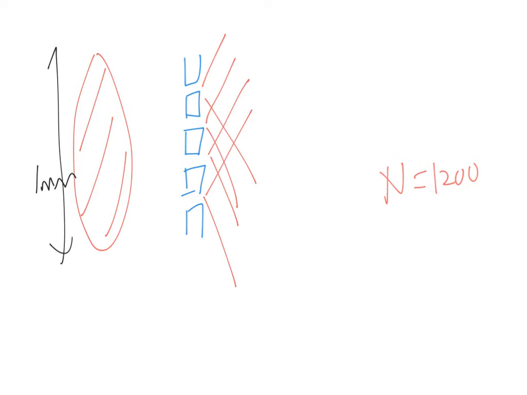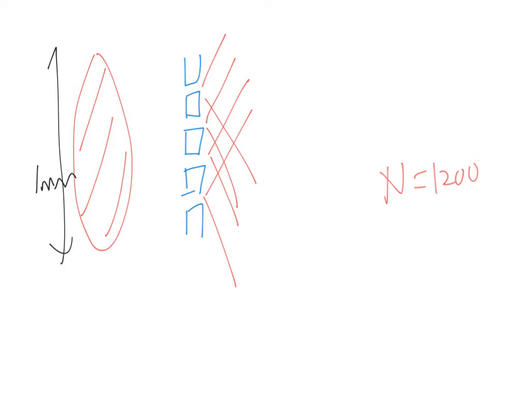That means you have 1,200 light sources, and the light will come from every one of them. They will all overlap each other, so there will be interference between thousands of light sources. Therefore, you will get constructive and destructive interference at certain positions.